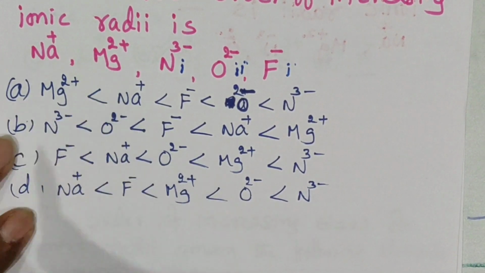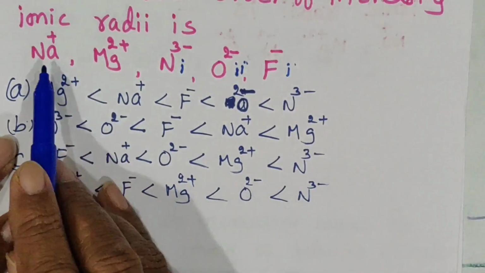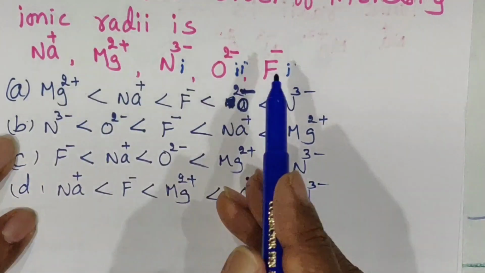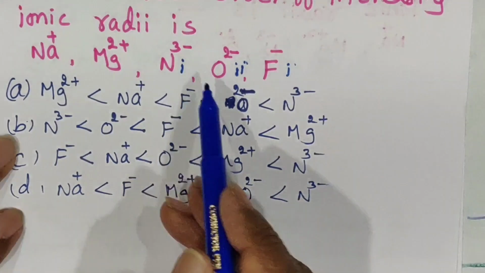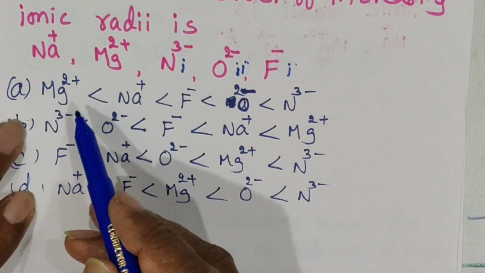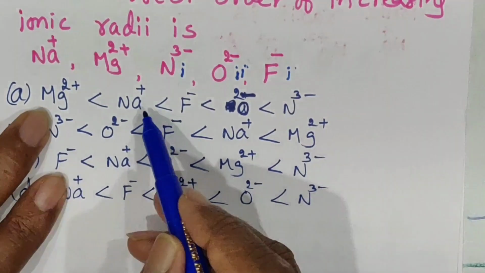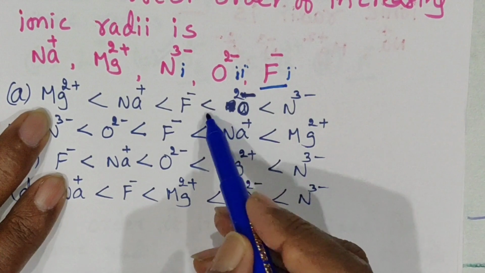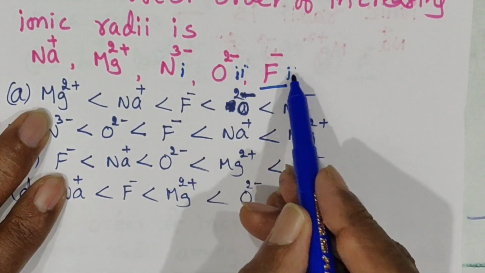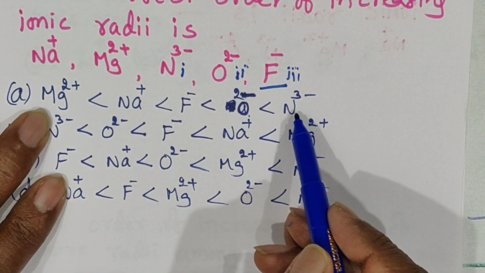In these two, as the positive charge increases, size decreases. Magnesium 2 plus ion is smaller than sodium ion. So here the order of increasing size: first the small one, that is magnesium, less than sodium, less than fluorine, less than oxygen, less than nitrogen.